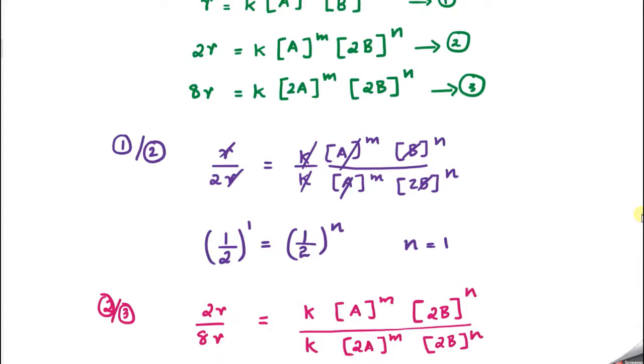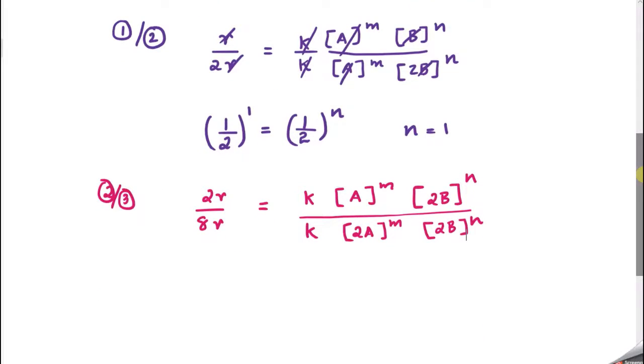Why have I chosen 2 and 3? Because in them the concentration of B is remaining the same, so I can cancel this. K will get cancelled off, and R will get cancelled. So if you divide, this will become 1 by 4, and this is equal to A and A will get cancelled off, so 1 by 2 whole power m, correct?